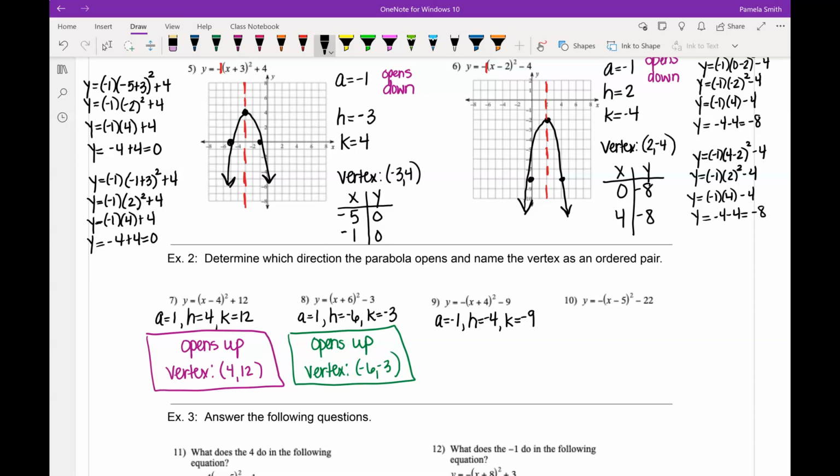And K equals negative 9. If A is negative, does this open up or down? This opens down. And my vertex is negative 4, negative 9.